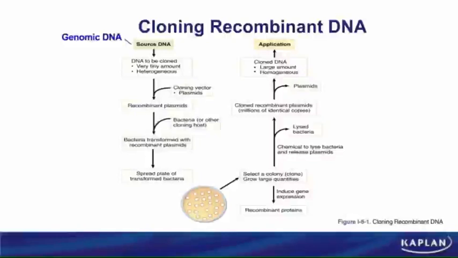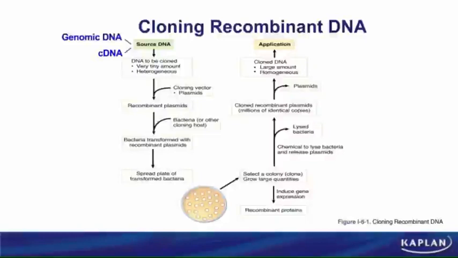The other source of a gene is something called cDNA. Later in the chapter, we'll talk about cDNA and how it compares to genomic DNA. But in this particular figure, I'm going to talk about genomic DNA as a source of a particular gene. Initially in that test tube, the gene of interest is in very tiny amounts because it came from a biopsy, and it's very heterogeneous because there are other genes in that test tube, like the alpha globin gene and beta globin gene.